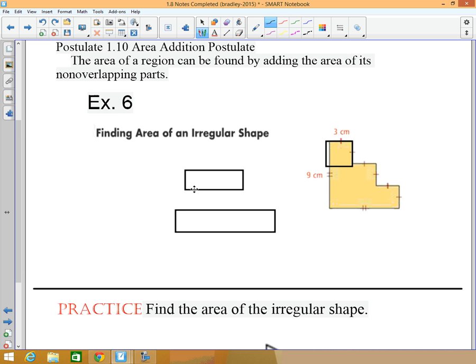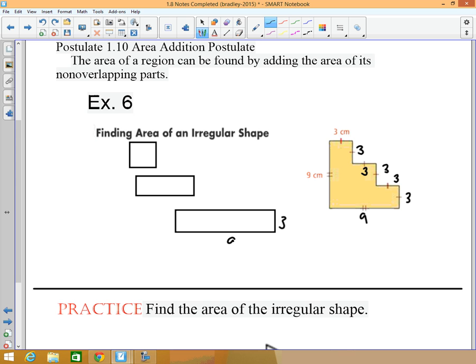So I'm going to break that out, and I'm going to find the area of each of these figures. Okay? These little congruence marks will tell me that this is 3, this is 3, this one's 3, this one's 3, this one's 3, this one's 3, this is 9, and this is 9. So for this one we have 3 and 9.